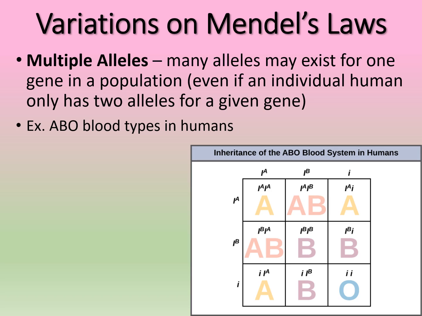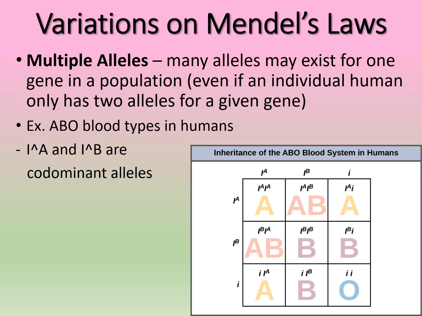So how do we show this multiple alleles when we're talking about the blood types in humans? So we add another letter. So capital I, or big I, is going to be an allele. So the capital I with superscript A, superscript B, those guys are the dominant alleles.